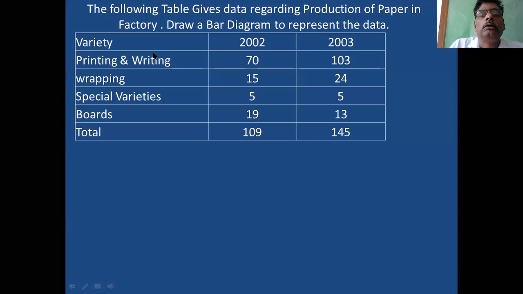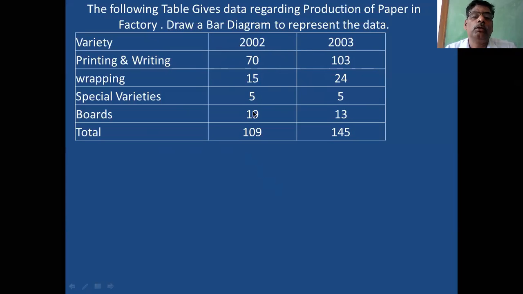Okay, you see this example from the following table. The following table gives the data regarding production of paper in a factory. Draw a bar diagram to represent the data. I have taken only 2 years. Same problem. 2002, 2003.